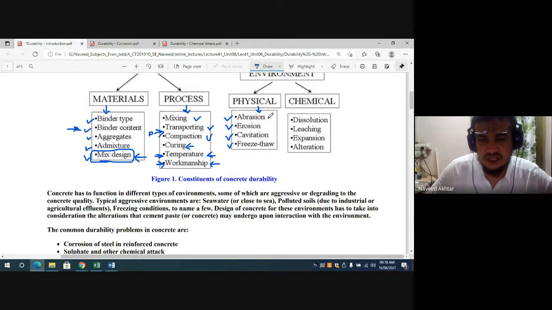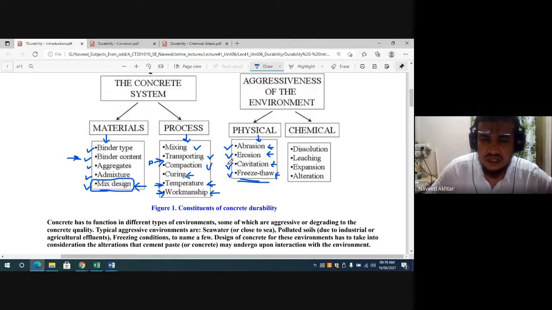Abrasion occurs on workshop floors, erosion on roads and due to rain, and cavitation due to water or other harmful gases. The freeze and thaw effect occurs in colder regions, where the temperature falls and there are large differences. That is the physical, aggressive environment.